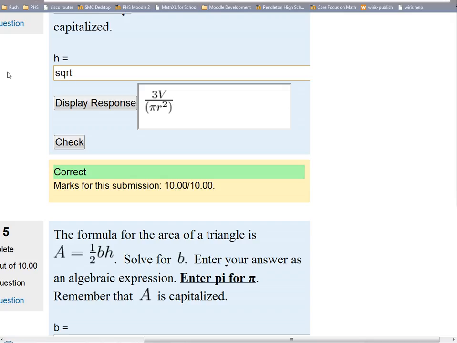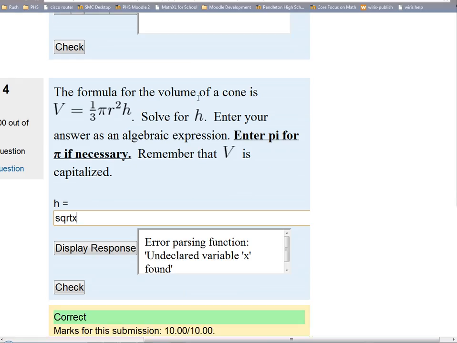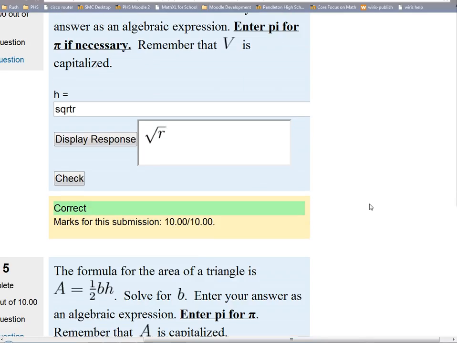If I just have to take the square root of one thing, I can just put it after sqrt. Like if I want to do the square root of x, oh, hang on, x isn't a variable in this. I have to do one of these variables. Square root of, how about r? Okay, see what it does?